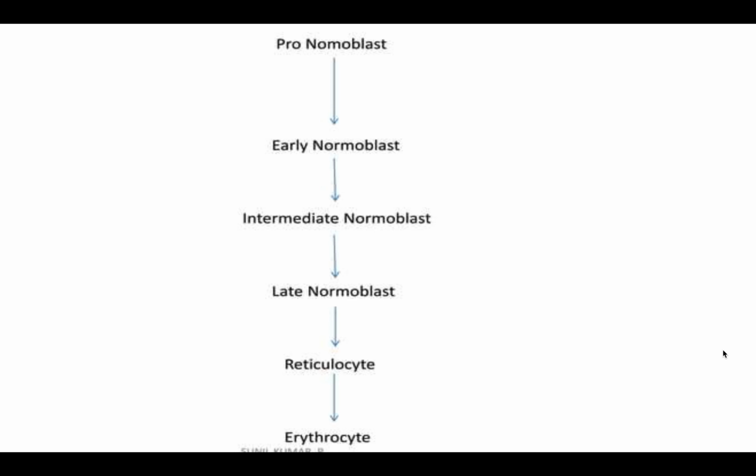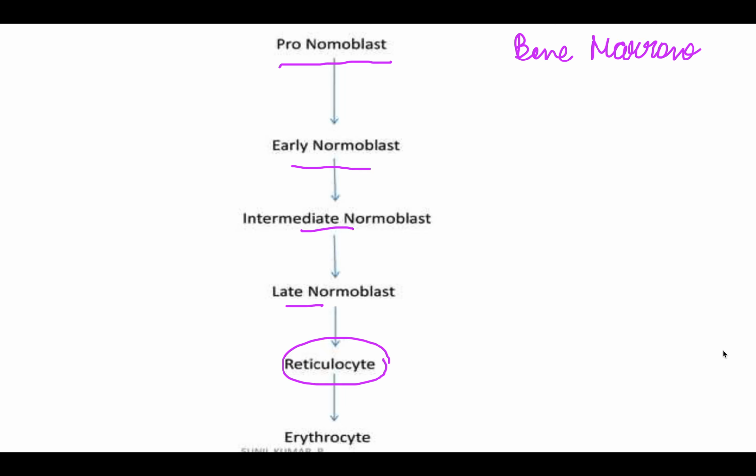Now, a little bit about erythropoiesis and how it takes place in the bone marrow. Hematopoiesis takes place in the bone marrow and then the cells are poured out into the peripheral blood. You have firstly the pronormoblast, that is the proerythroblast, the earliest form of the erythroid series. Then you have early, intermediate and late normoblasts, and then comes the reticulocyte, which has RNA and ribosomes inside it, and then the mature RBC.